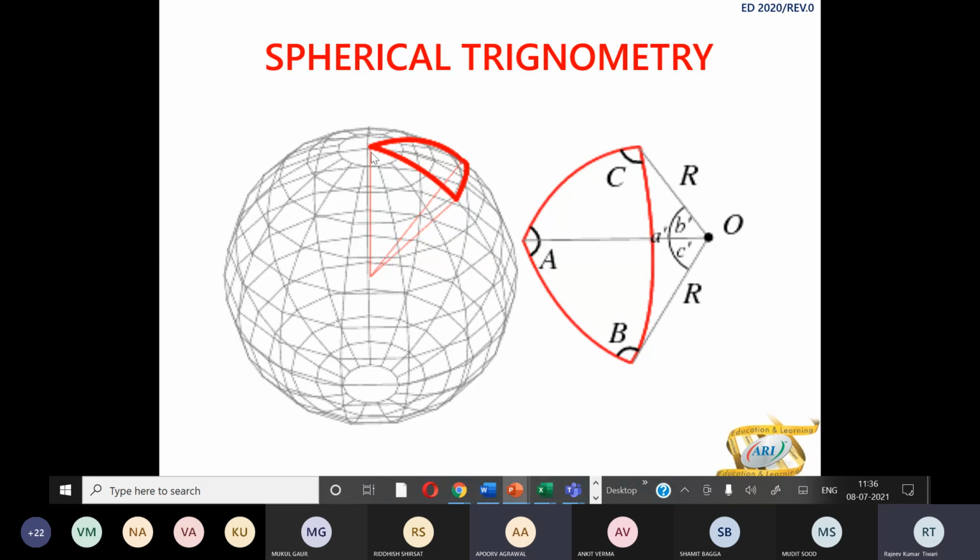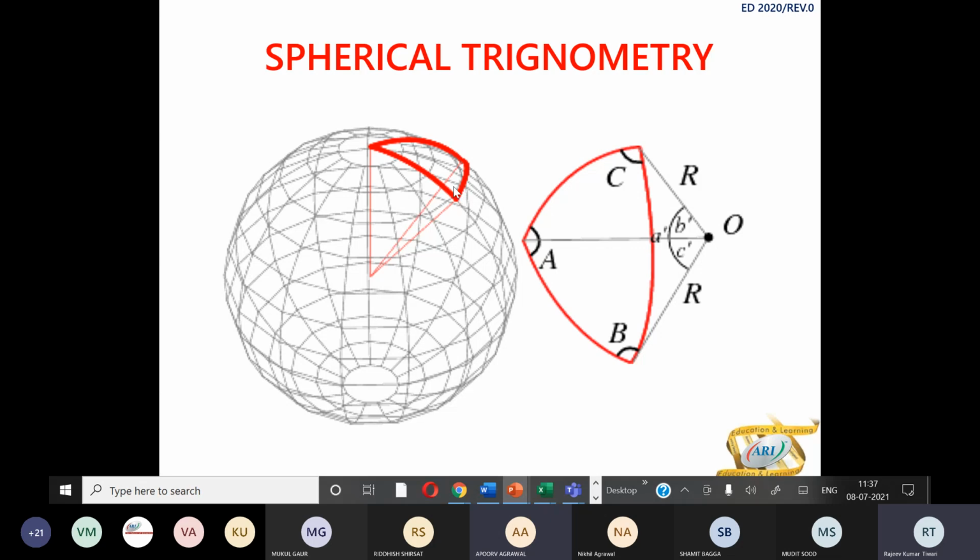The side AB is the angle subtended at the center of the sphere between A and B. Side BC is the angle subtended at the center of the sphere between point B and point C. Likewise, side CA is the angle subtended at the center of the sphere between point C and A. So they are angular measurements. In a planar triangle, they are linear measurements.